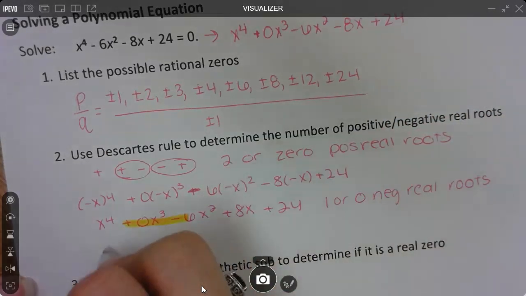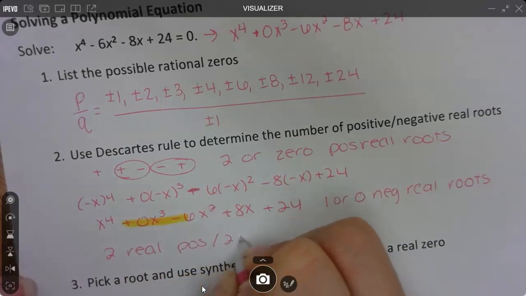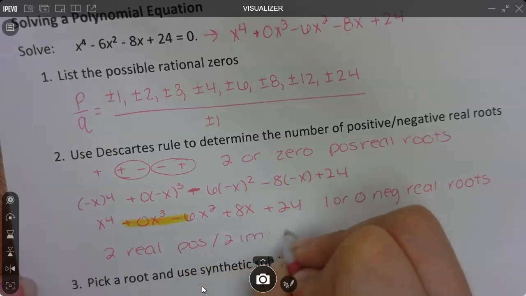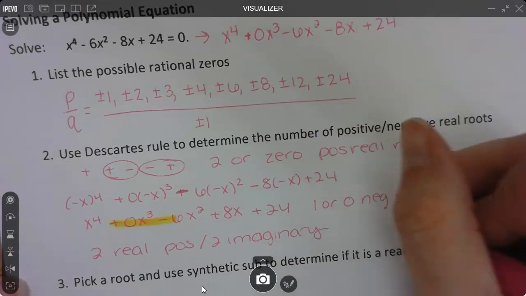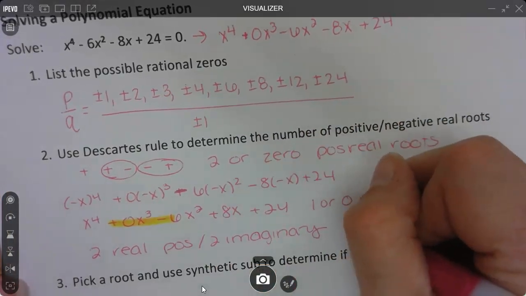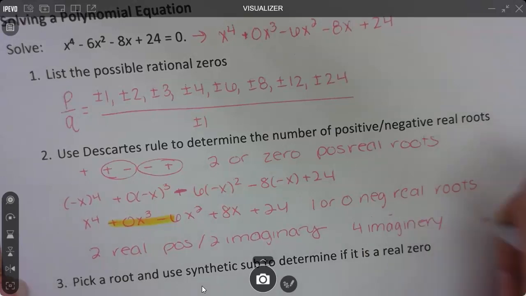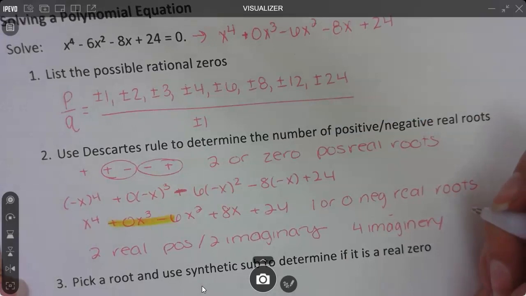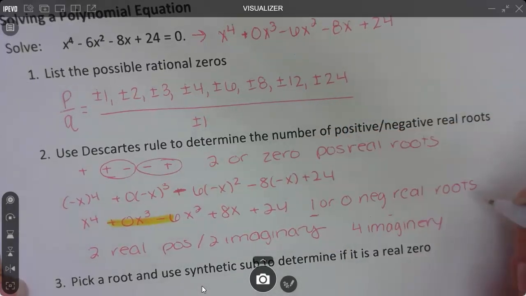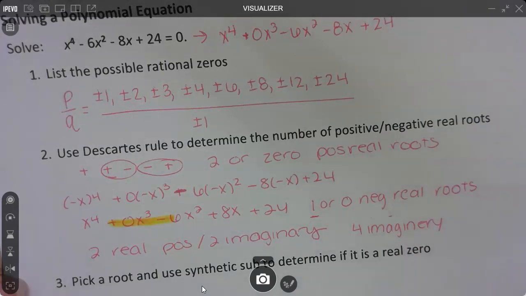So following that combination, we can have 2 real positive with 2 imaginary. We could have 4 imaginary. And we could have no negative, because you can't have 1 if it is, we can have 1 negative and or 1 positive.